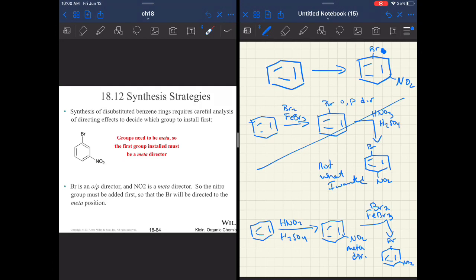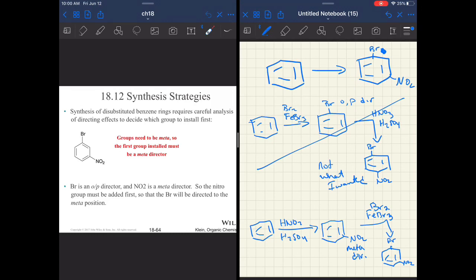When it comes to testing, if I give you a free response, I'm going to want you to type in the reagents you need, but also part of the problem is going to be making sure you put them in the right order, right? So that's a place where you actually can get partial credit if you know the reagents, but you get them in the wrong order, then you would get some credit. If you don't know the reagents, but you know that the nitro needs to go on first, right?